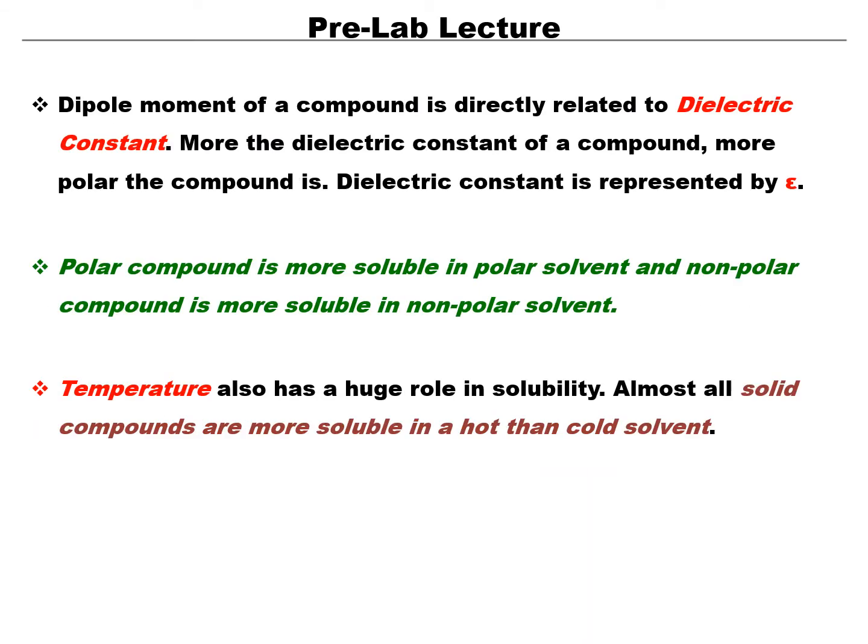On the other hand, dipole moment of a compound is also related to dielectric constant, and similarly, a higher dielectric constant means the more polar the compound will be. The dielectric constant is usually represented by the rho symbol. I think that it's a rho symbol.